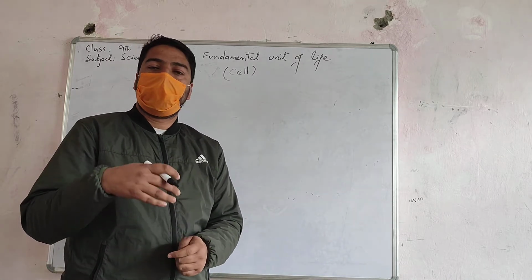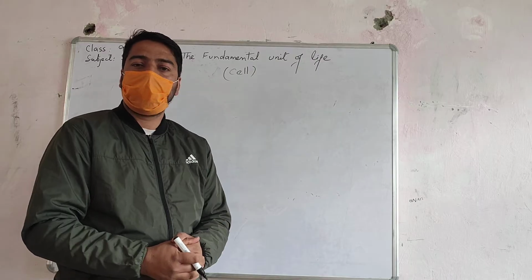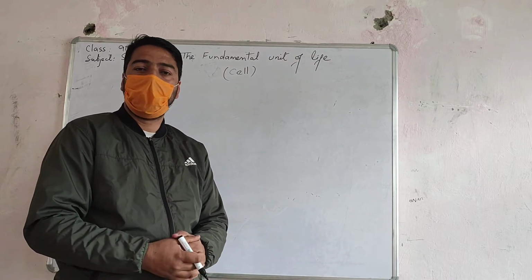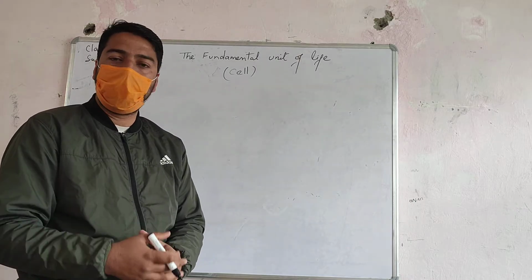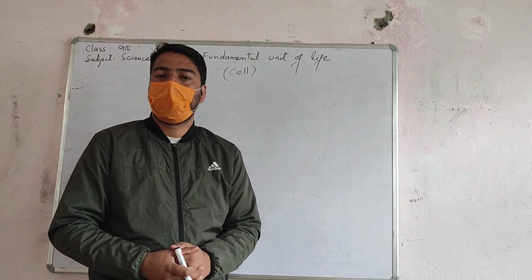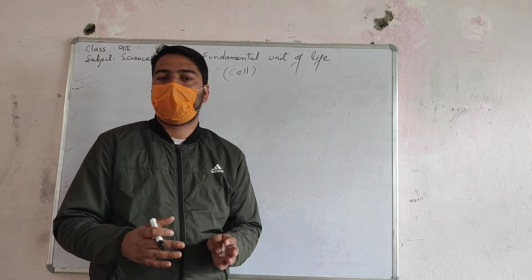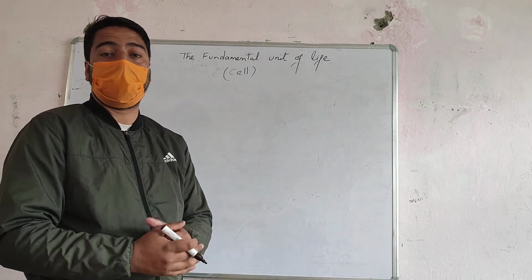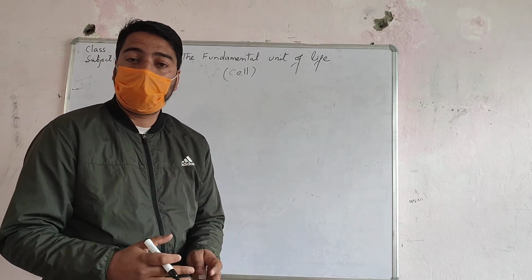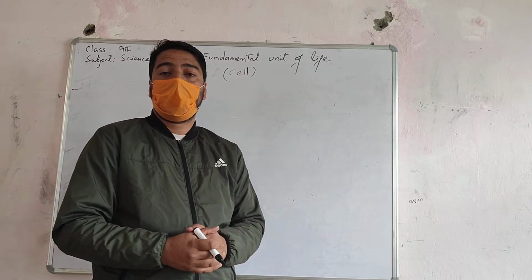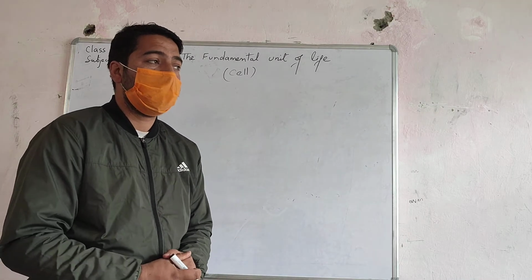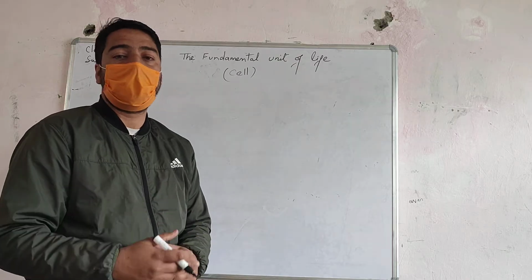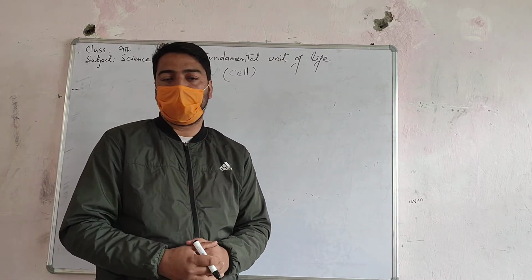Functions like respiration, digestion, locomotion, excretion, reproduction, all these are called life processes. These life processes are necessary for an organism to carry out so that life is sustained in a living organism.